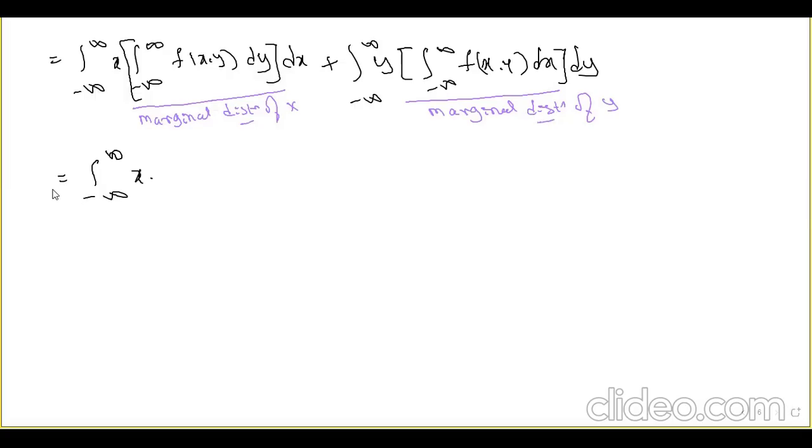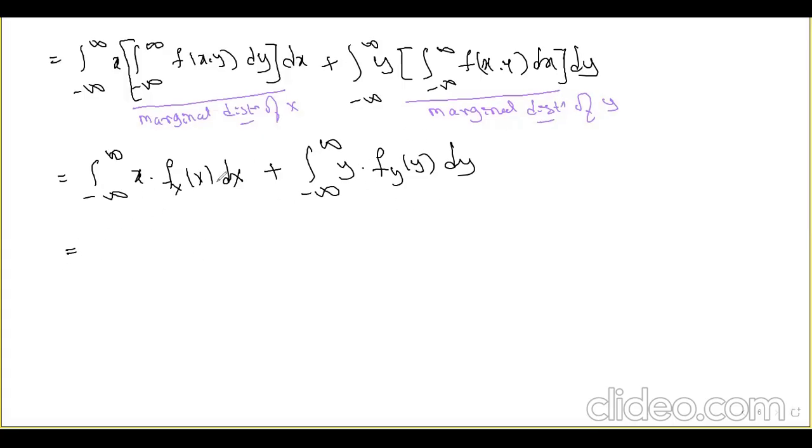Clear? So marginal is nothing but f of x dx, plus the integration minus infinity to infinity of y, marginal means f of y dy, as it is. This is denoted f of y.